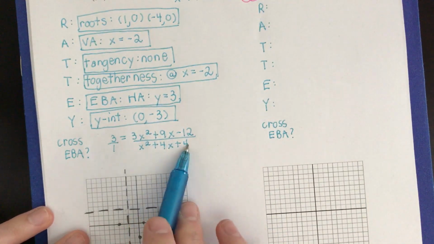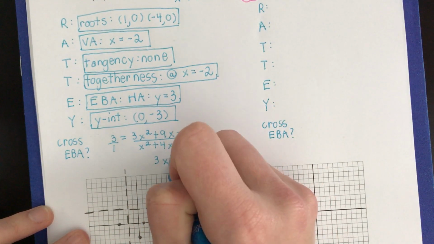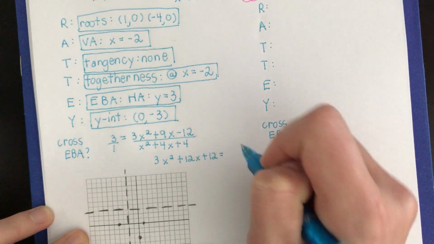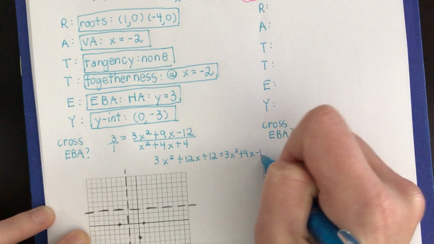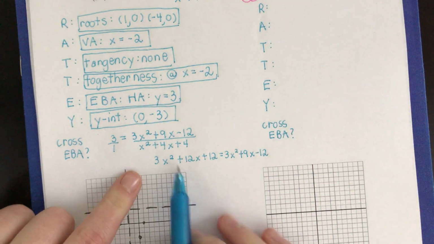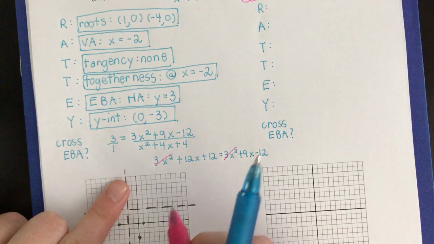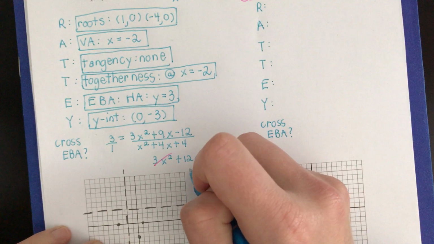Then 3 distributes to all 3 terms here. I'm going to come off to the side. 3x squared plus 12x plus 12 equals 3x squared plus 9x minus 12. Oh, goodness. Okay, then of course this and this cross through. And that's it for crossing through.